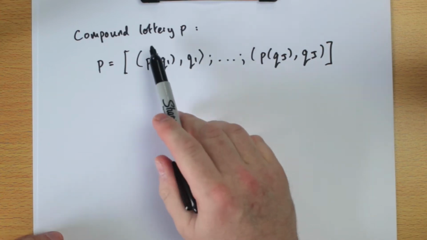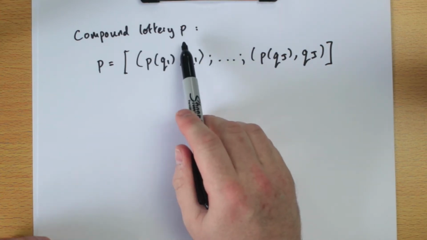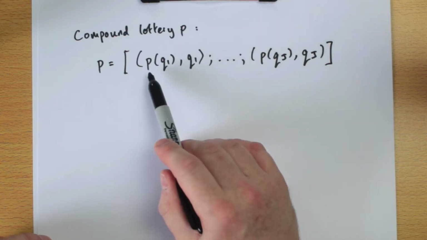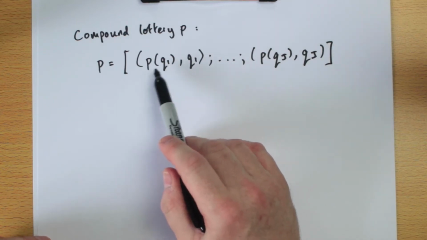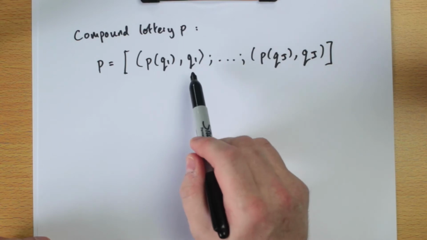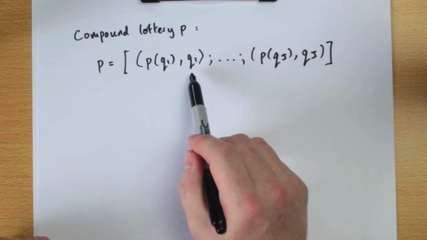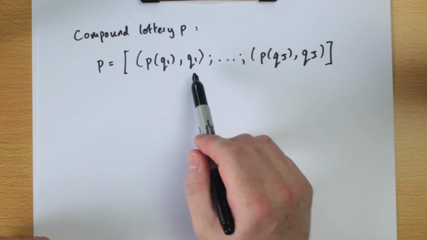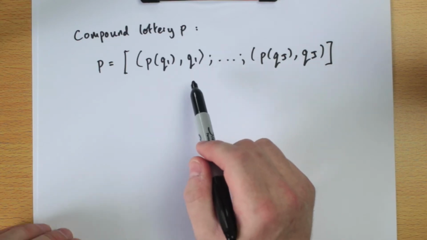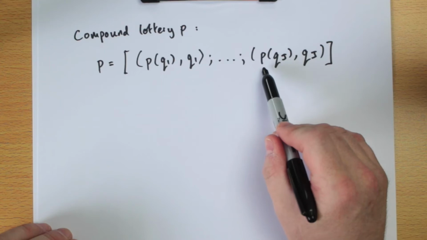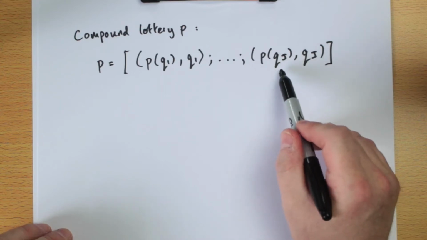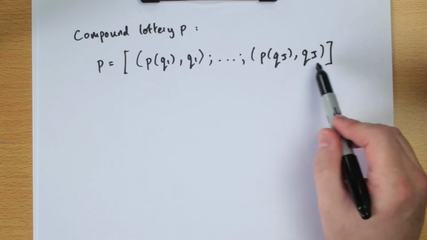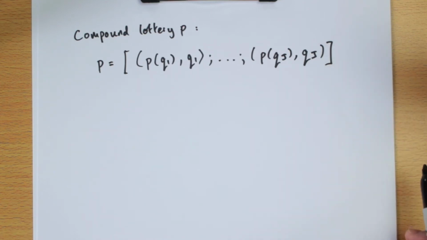If I obtain this compound lottery P, there is some probability p(Q1) that I get lottery Q1, and then that lottery has certain probabilities of getting different prizes. And then I have a different probability of obtaining QJ, in which case I get the lottery QJ.